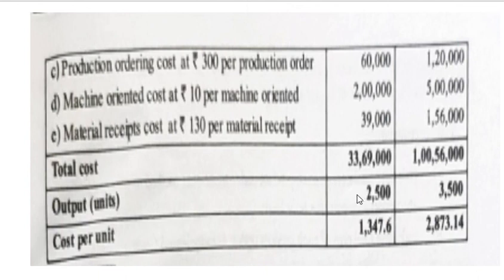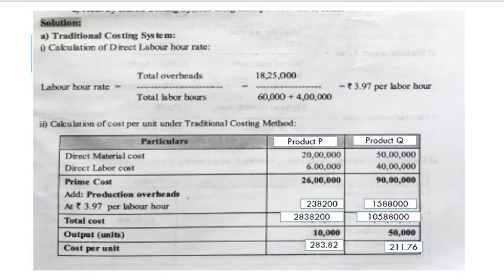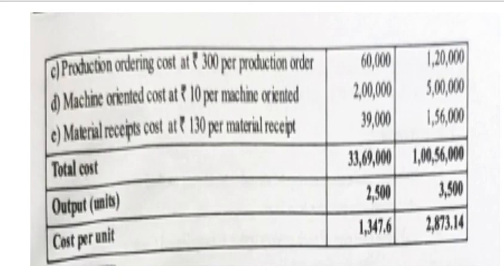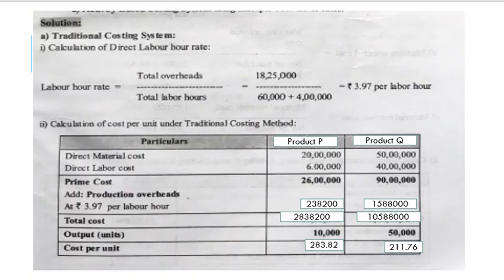So the total cost for P is 33,69,000, and for Q it is 1,56,000. Then the total number of units is 2,500 and 3,500 for P and Q. This is as per the question which is given in the question.